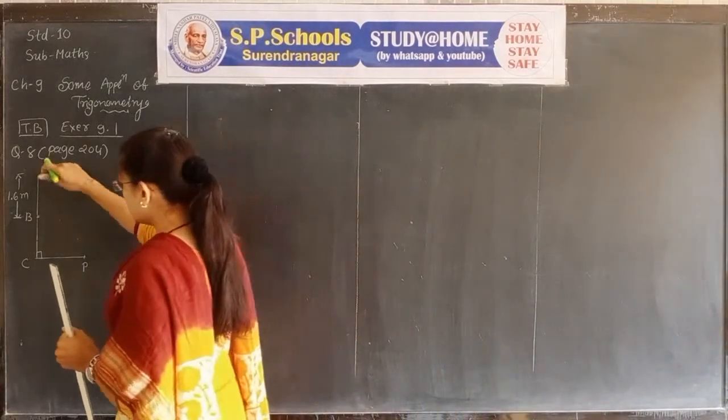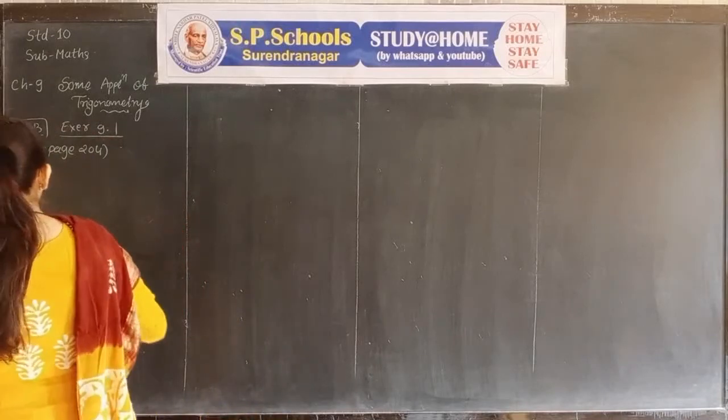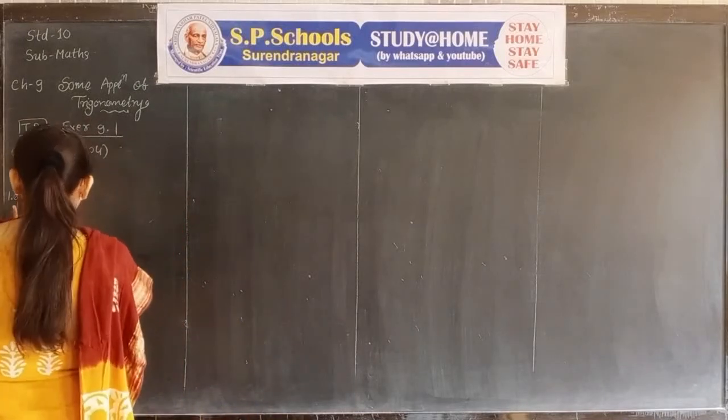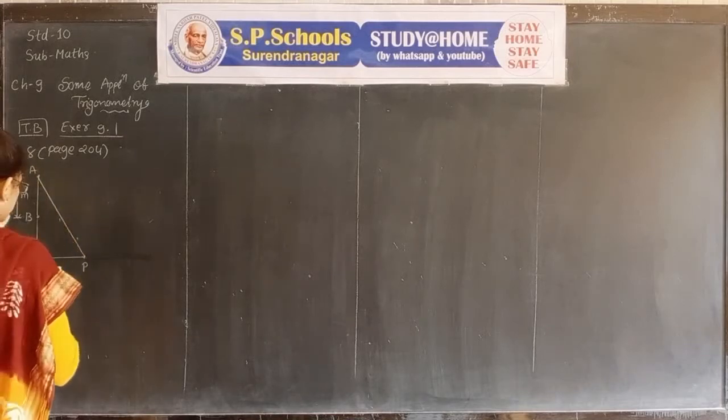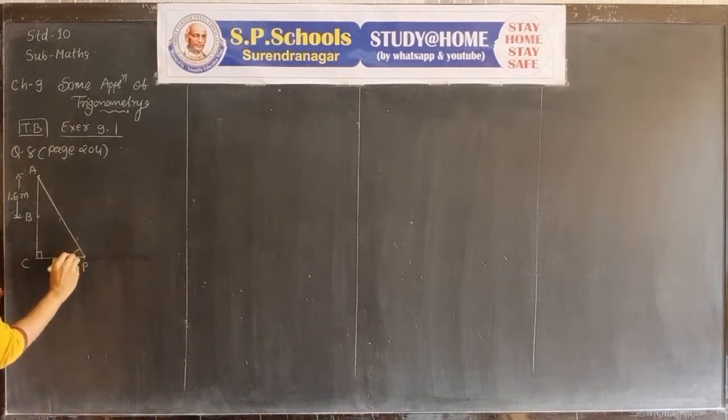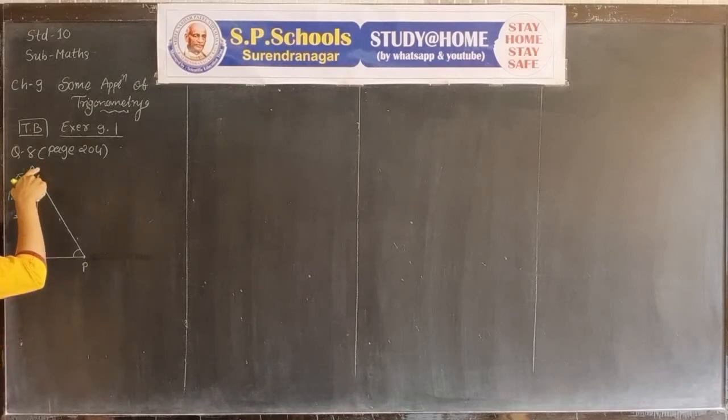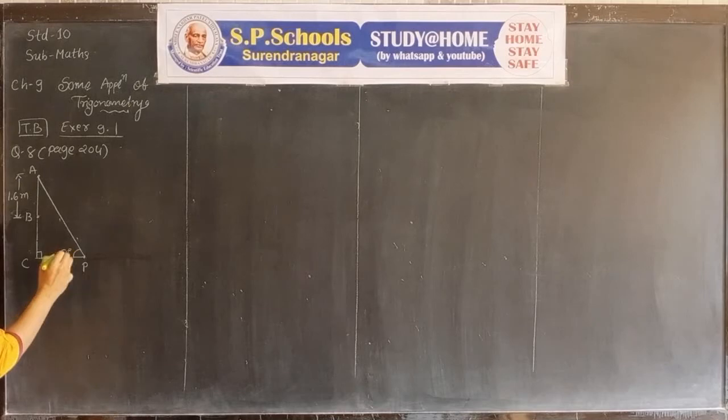Top of the statue is A. From point P, PA is the line of sight and PC is the horizontal. It is the angle of elevation of the top of the statue, given as 60 degrees.